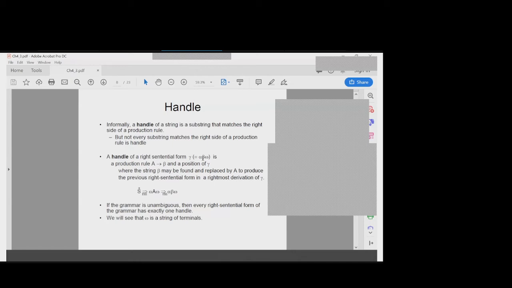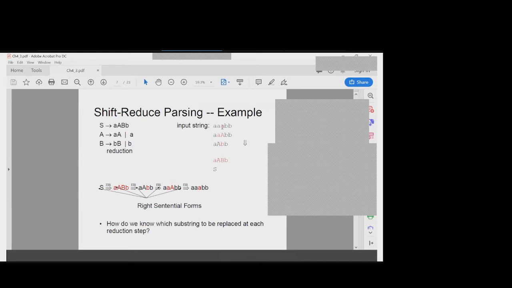A handle is a form where you know that you need to reduce. Okay, so suppose this red colored part, you can say that it's a handle. Why? Because when you reduce this production, here it is matching with the right side of the production. What it says is what a handle is?